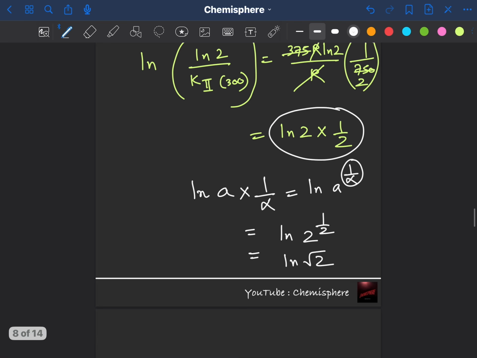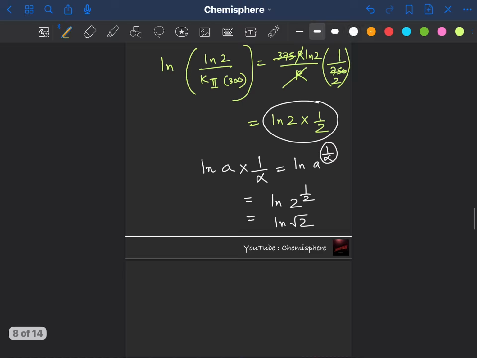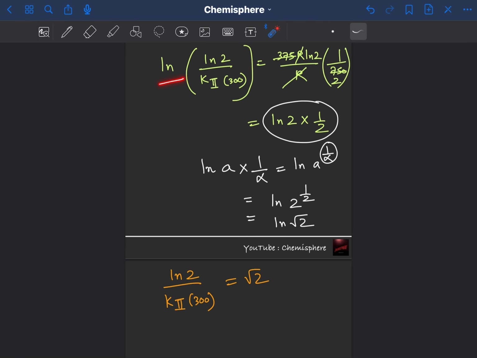So therefore they must be the same thing. So therefore, ln2 divided by K2 at 300 will be equal to root 2. Because log of something is equal to log of something, so this and this should be equal. So ln2 by root 2 will be equal to our rate constant of reaction 2 at 300 Kelvin. So this is the answer.